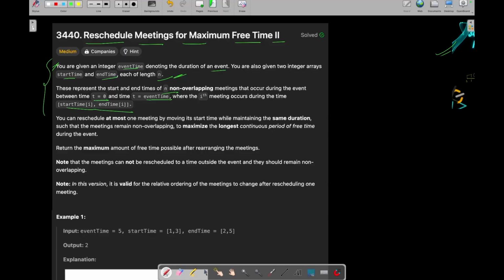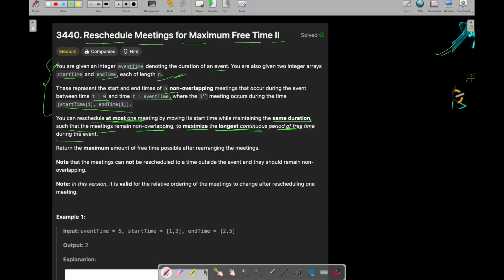This information is the same as the previous question, and you can reschedule at most one meeting. In the previous question we were given k meetings, but here k is always 1. You move its start time while maintaining the same duration, such that the meetings remain non-overlapping, to maximize the longest continuous period of free time during the event.